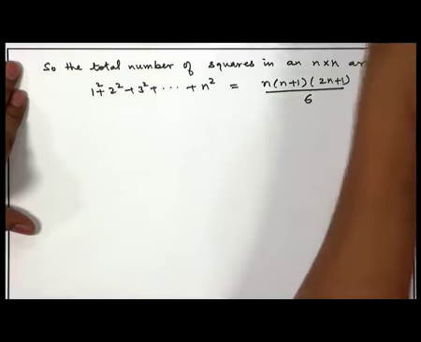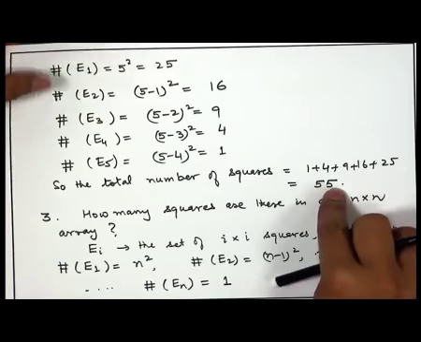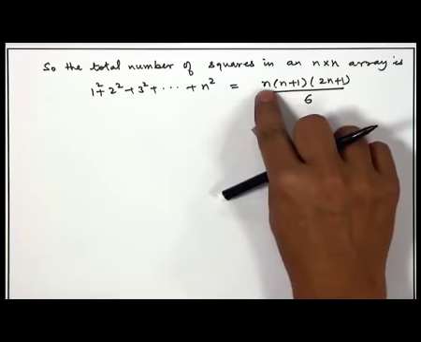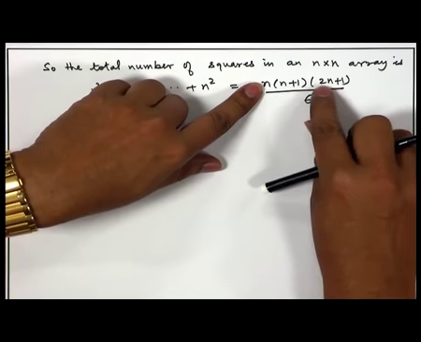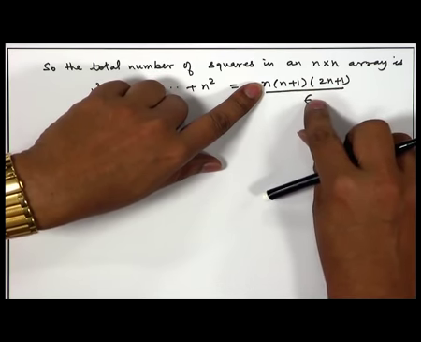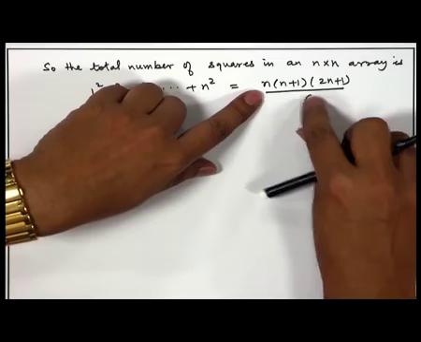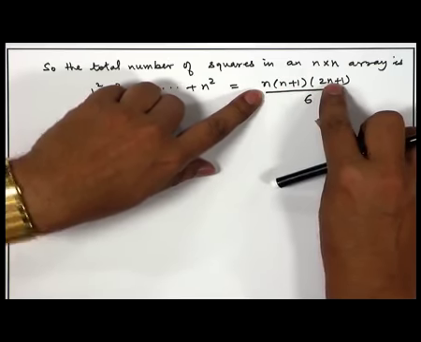You can check, we actually solved the problem for 5 and got the answer 55. If we consider n equal to 5, then it becomes 5 into 6 into 11 divided by 6. This 6 cancels out, and you get 5 into 11 equal to 55, which was the answer for this one.